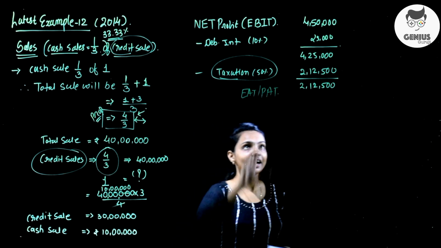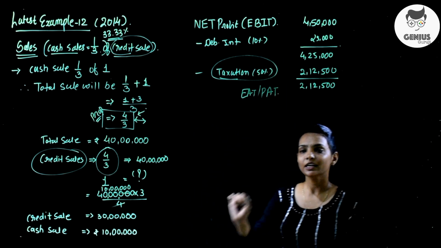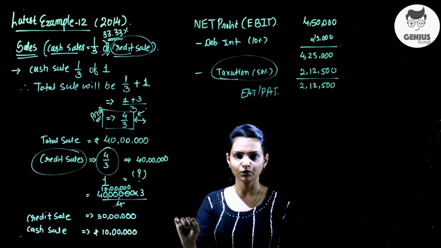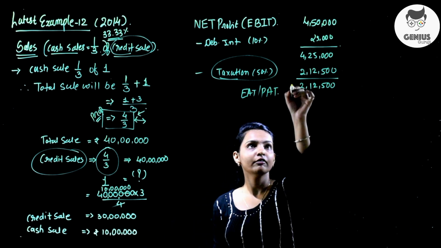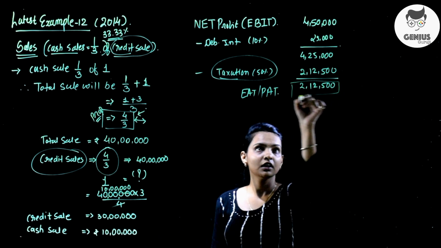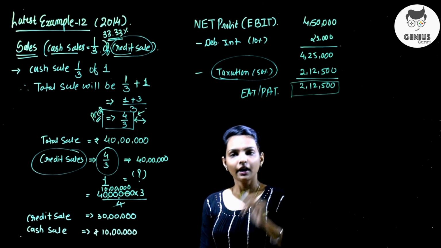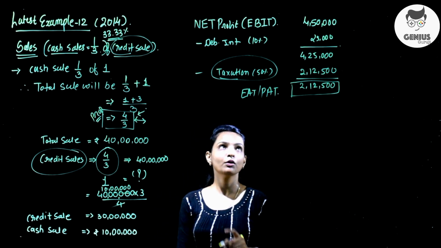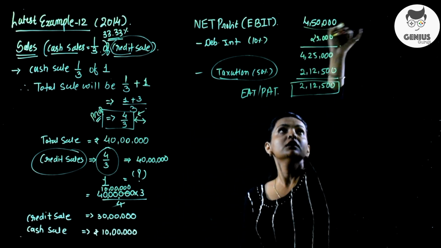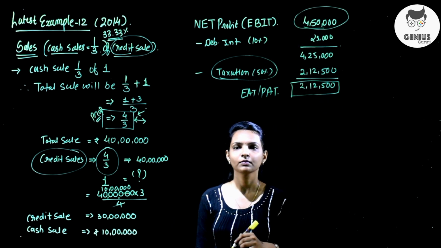Now, why is this chart important? If you are calculating net profit ratio, at that time which profit will you conclude? I have to select this. Okay, but when I am calculating rate of return on capital employed, I have to mention this.